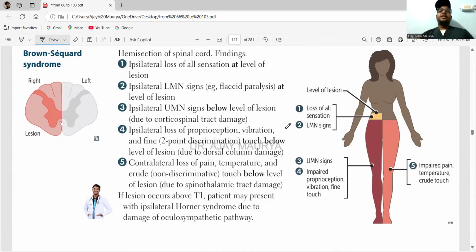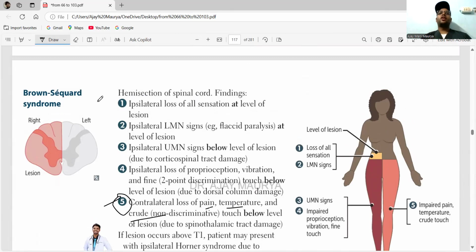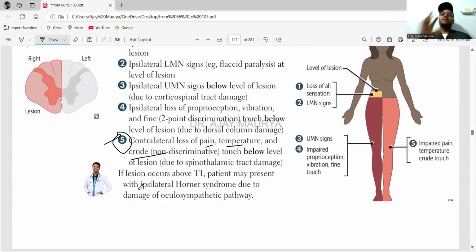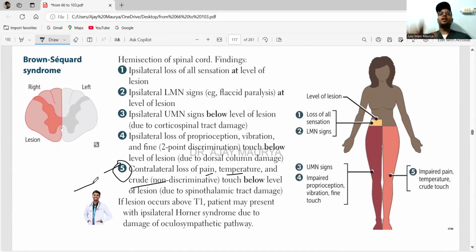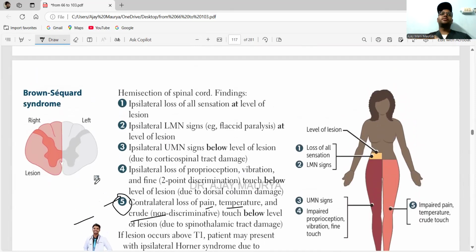They give a contralateral loss of pain, temperature, and crude touch. All the rest are ipsilateral. Only the contralateral loss of pain, temperature, and crude touch is below the lesion. Remember, this is very important. In Brown-Sequard syndrome, there is ipsilateral loss of all sensation at the level of the lesion, ipsilateral lower motor neuron signs and flaccid paralysis, and ipsilateral upper motor neuron signs below the level of the lesion. There is a contralateral loss of pain, temperature, and crude touch. That's it for Brown-Sequard syndrome.